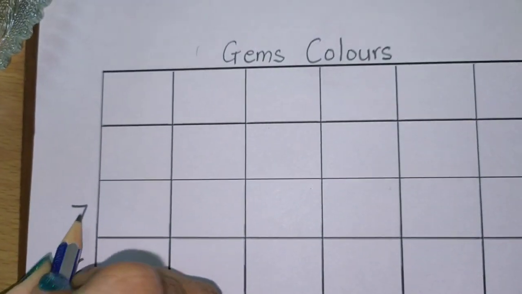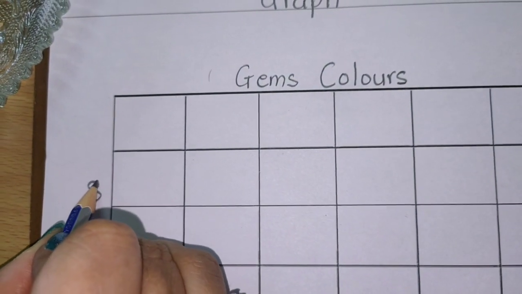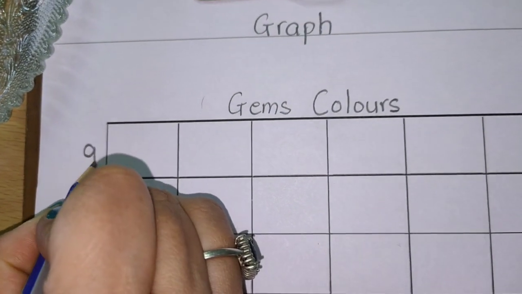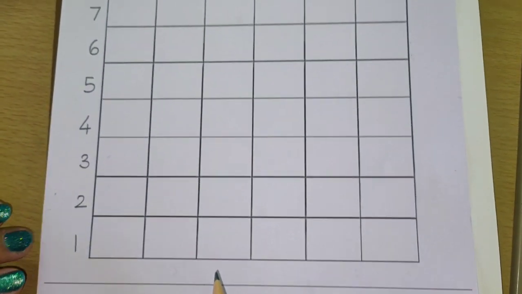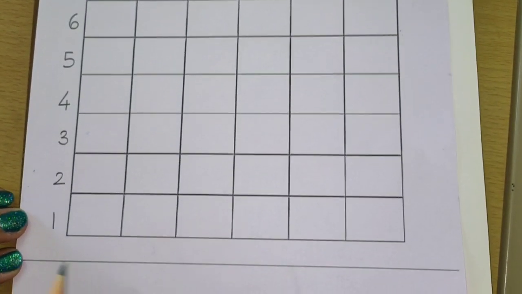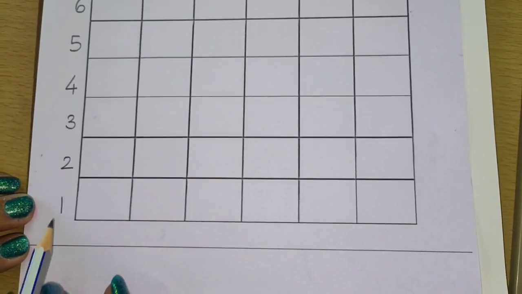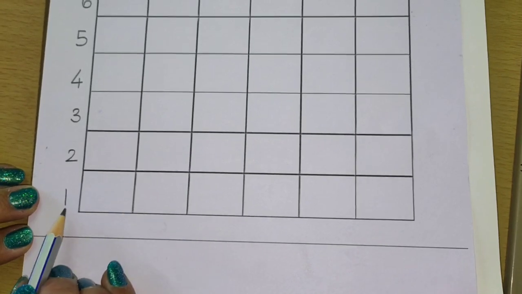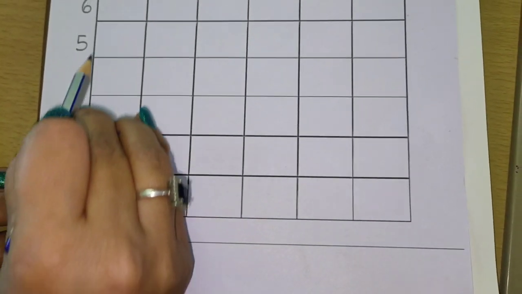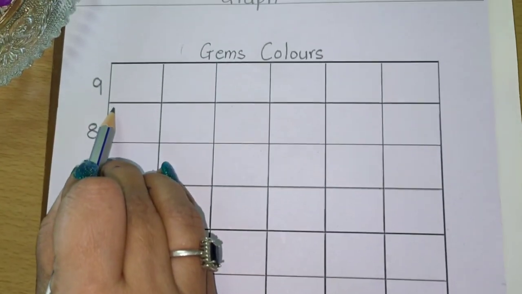Then we go upwards, 2, 3, 4, 5, 6, 7, 8, 9. Okay, so I have 9. So always, again children, I'm repeating, whenever you make a graph, you always begin writing the numbers from the bottom and then take it to the top.